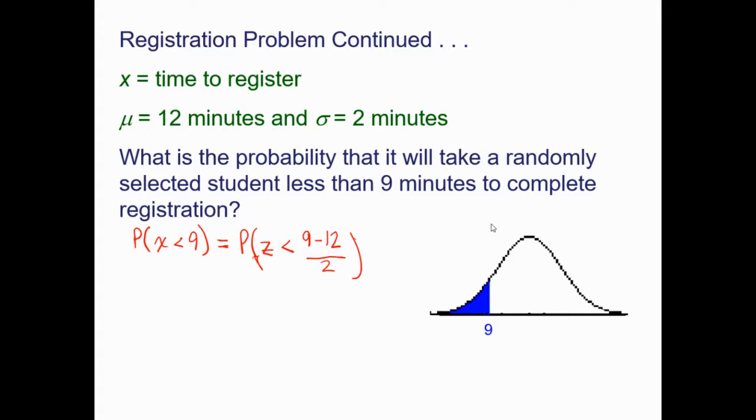What do you get for your z-score? What's the standardized value? Negative 1.5. Good. This is the probability that z is less than negative 1.5. Now we can look at our table and find negative 1.5 on the table to get our probability.